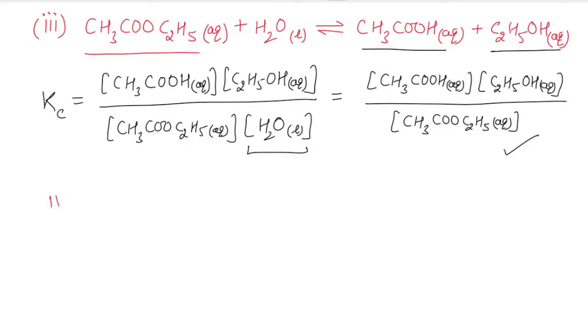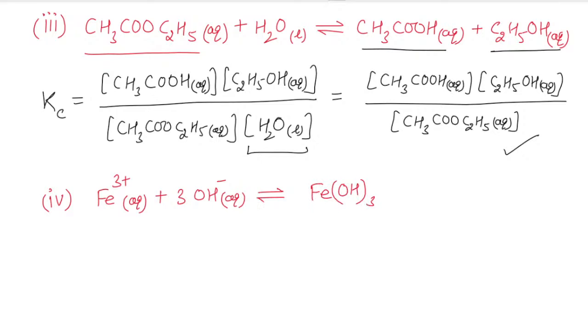Now the fourth one is Fe3+ aqueous plus 3OH- aqueous to give Fe(OH)3 solid. So let us write for this.